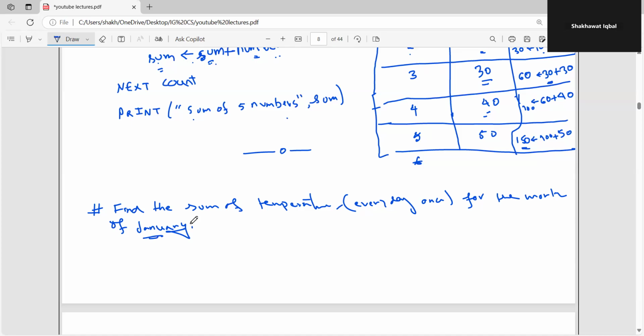So your loop should start from 1 to 31. Okay. Similarly, if they ask you for the month of February, so it will be like 28 days. But if they ask you, find the sum of temperature every day once for the month of February for the year 2024.